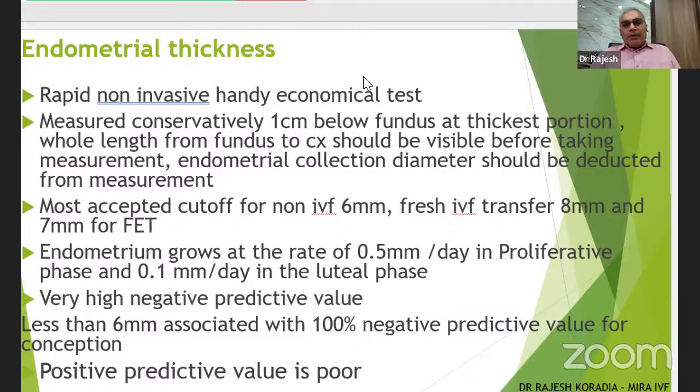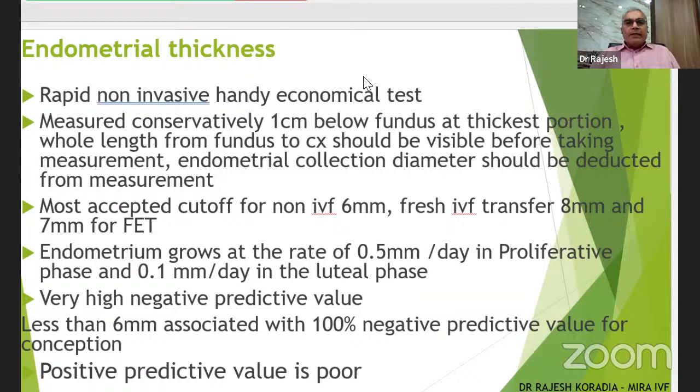The endometrium grows at the rate of 0.5 millimeter per day in the proliferative phase and approximately 0.1 millimeter per day in the luteal phase. Of course, when the endometrium is exposed to progesterone, firstly there is a compaction of the endometrium, and later on the size increases minimally day by day.